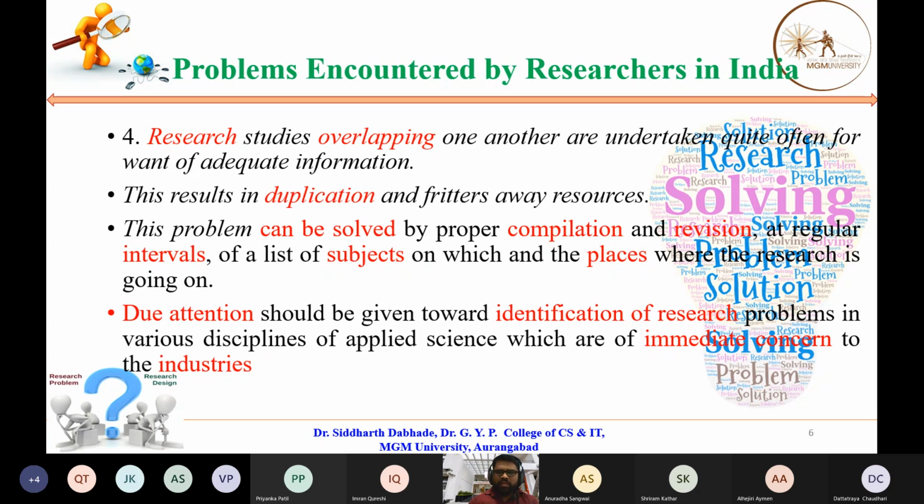Such a problem may be solved by compilation, revision, and regular analysis of the existing research. Whatever your domain is, on the basis of your domain you need to find out what new research articles have been published, what their facts are, and what their new insights are.